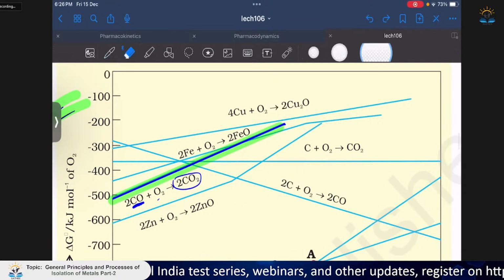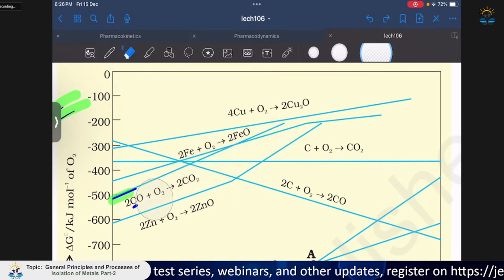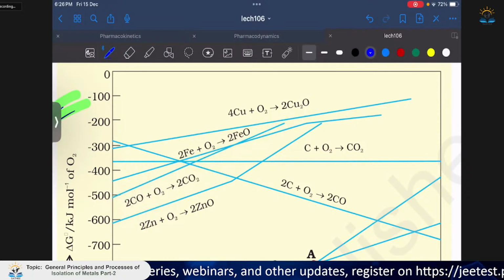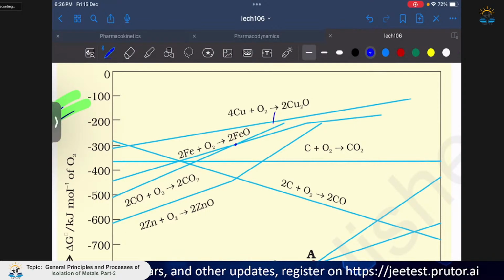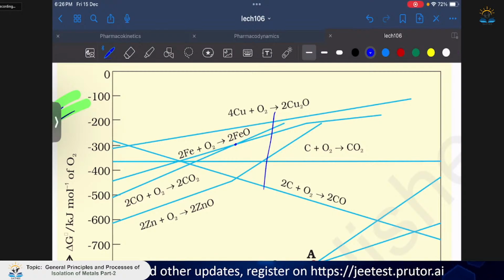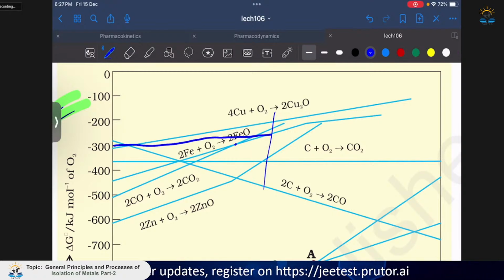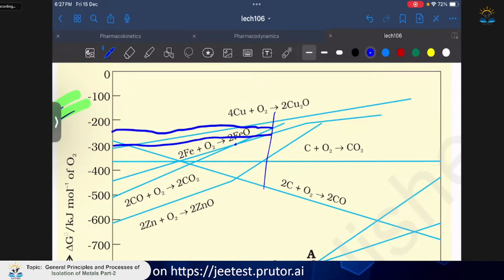This is the final thing after which we'll move forward. So I'm erasing everything. See, this is the point of intersection. Above it, I take any temperature. Suppose I take this temperature. Here, for the carbon monoxide curve, suppose the delta G naught is minus 300. For the iron oxide to iron curve, the delta G naught will be plus, suppose, 220.